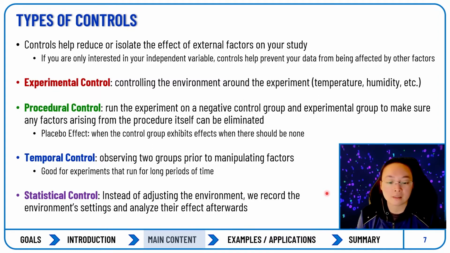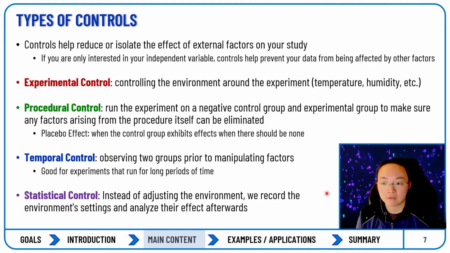So if you're running an experiment and trying to test whether, let's say, factor A is going to affect the signal intensity of whatever you're measuring, then it's good to have a control where you don't add anything, to have a baseline measurement.